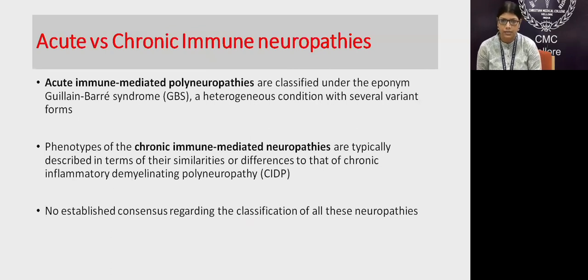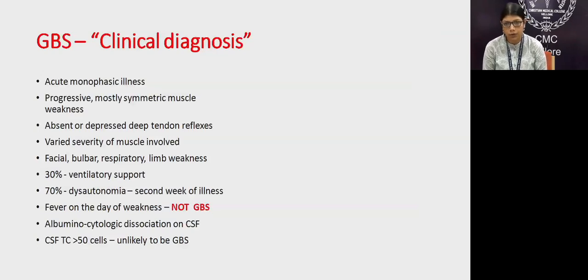If it is an atypical CIDP, then other differentials will come into the picture. So this is the importance of the terms GBS and CIDP when we are discussing chronic immune-mediated neuropathy. Now, coming quickly, we'll go through the various immune-mediated disorders.